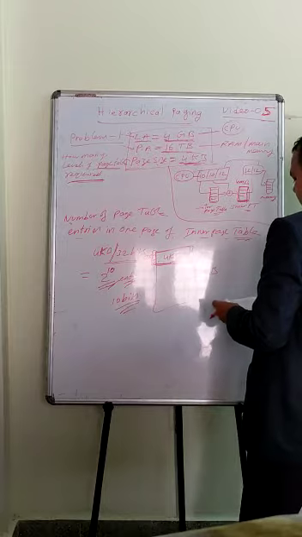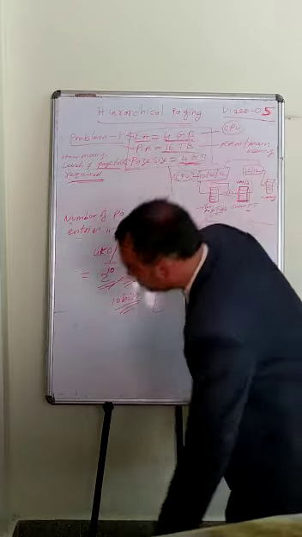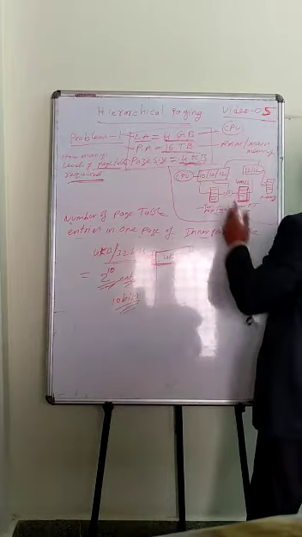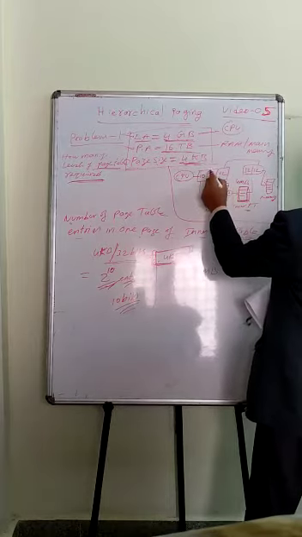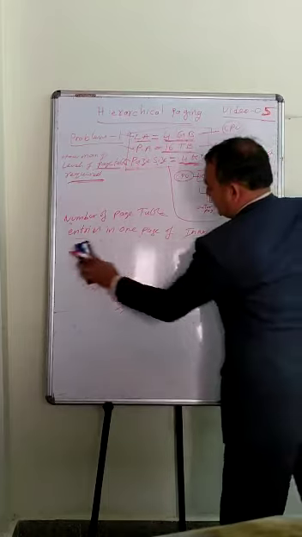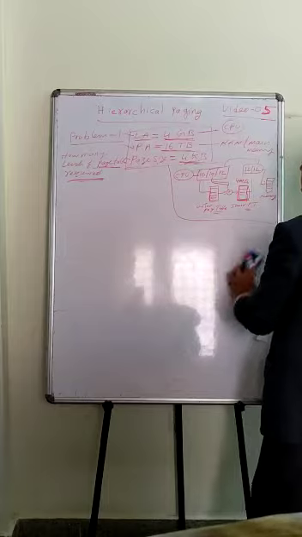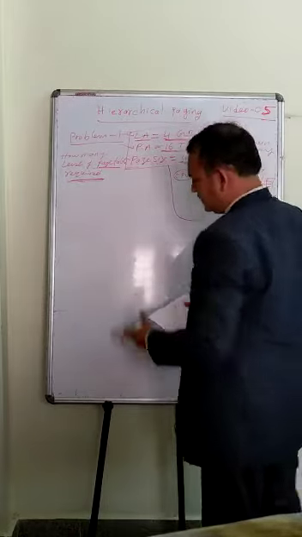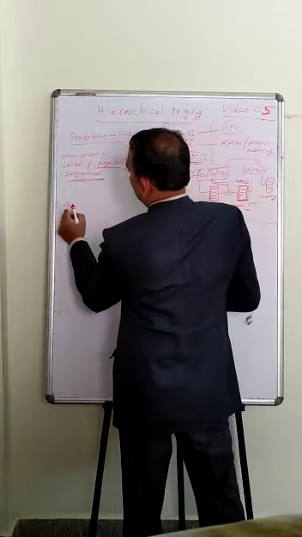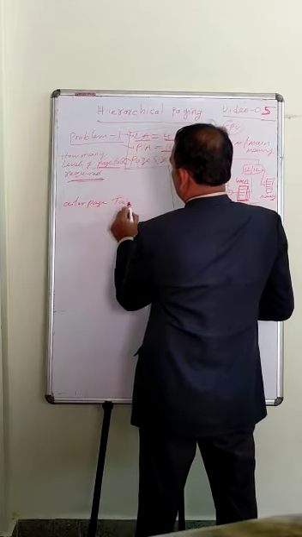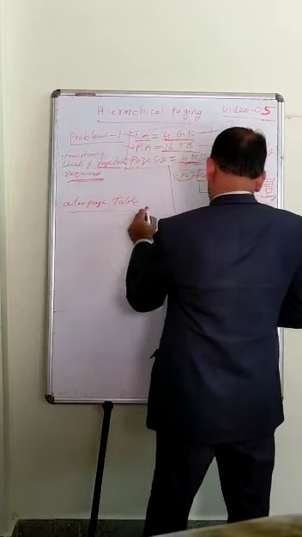Now we'll calculate the outer page table. Now we got this 10. Let us calculate outer page table.